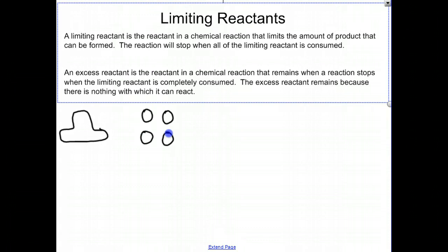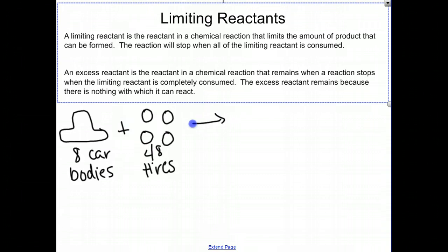Okay, so let's say that we have 8 car bodies and we have 48 tires. If we add these two together, the maximum amount of cars we can make is 8 cars. So we will have 16 excess tires.